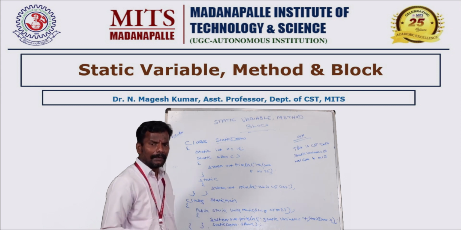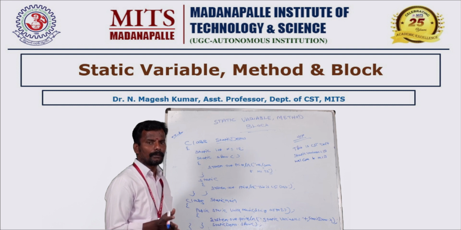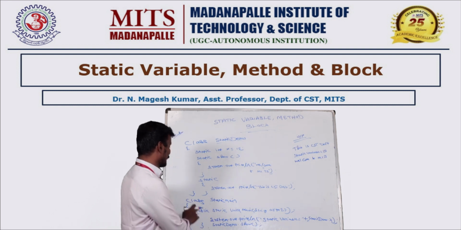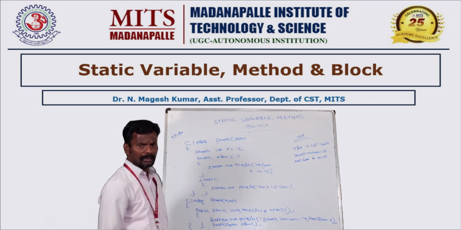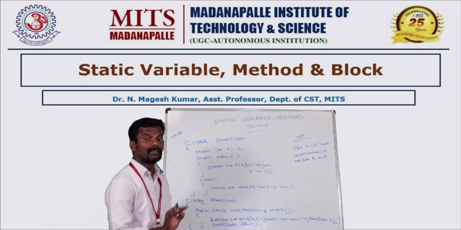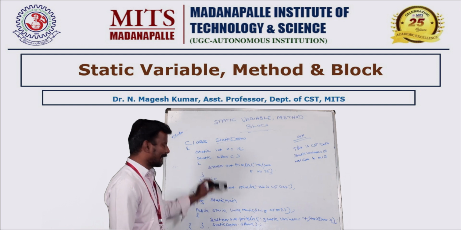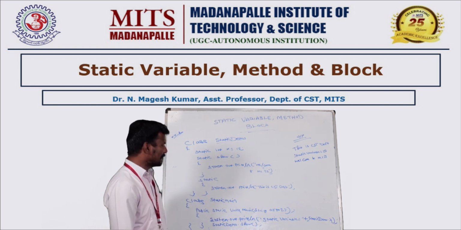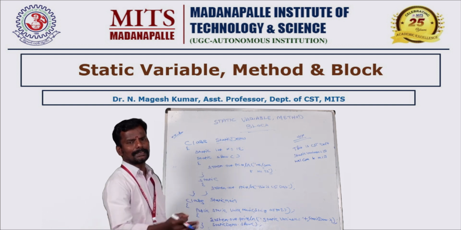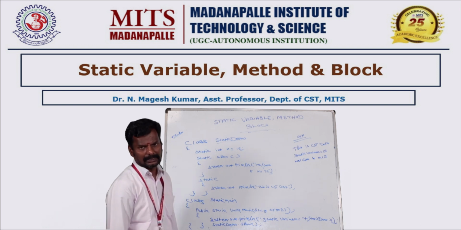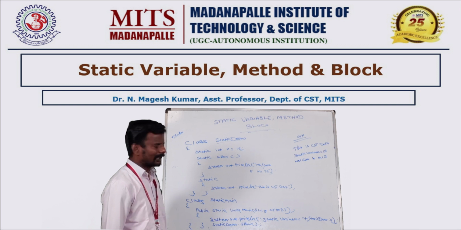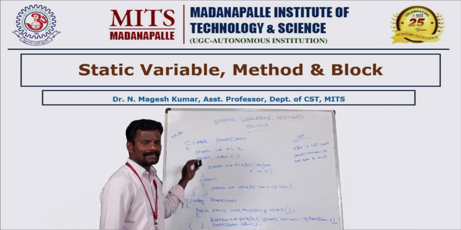Any piece of code defined within the static keyword is known as a static block, and it can be accessed without any explicit call. How to access it without an explicit call? With the help of a reference. We create the reference, and with its help we access the static block.